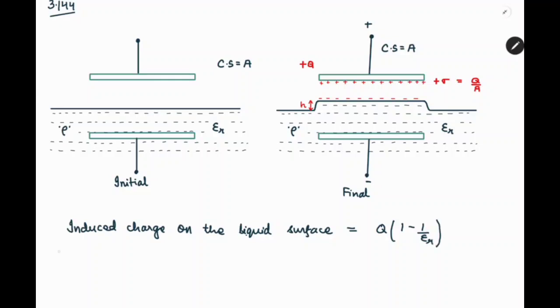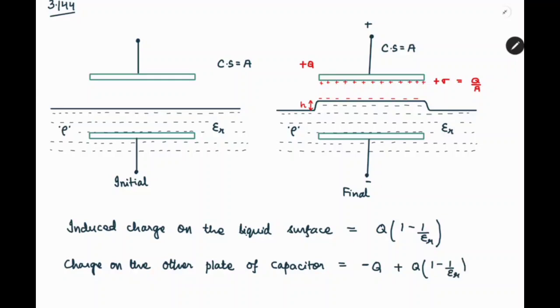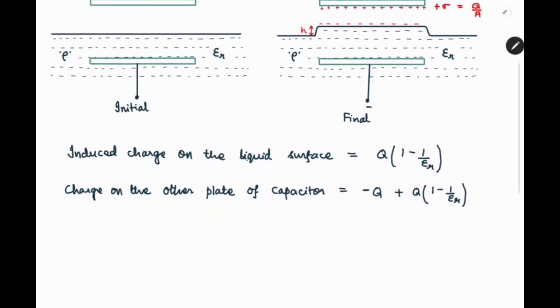And therefore we can say the charge on the other plate of capacitor: if this one is positively charged, it will have a negative charge minus q, and the induced charge on the upper surface of the liquid is negative, then a positive charge will be on the lower end of the plate where the liquid surface is in contact, thereby creating a total of minus q plus q minus q by epsilon r.